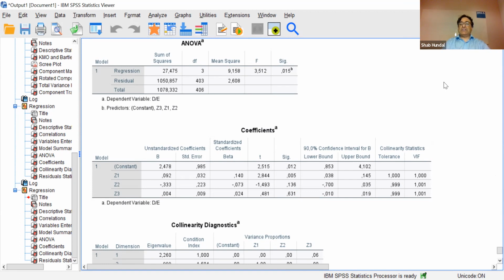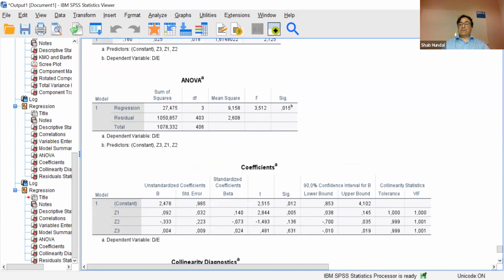And then now we see that our Z3, which was significant because of some error, now it has been corrected. Our model's explanatory power has improved. Our F-test significance has improved. And now we can see that the Z1 factor is significant. Okay, so this is the principal component analysis.